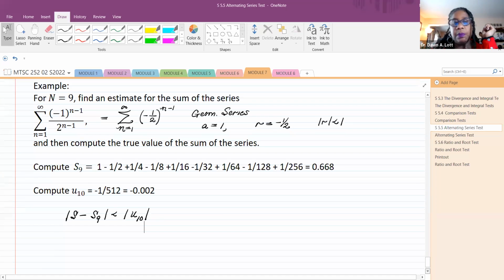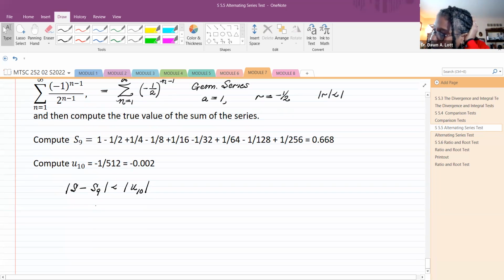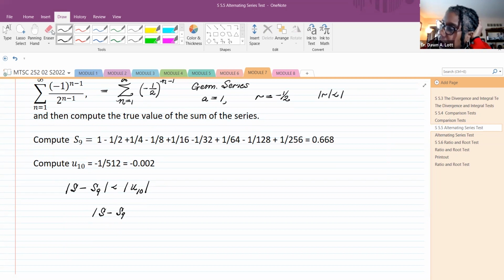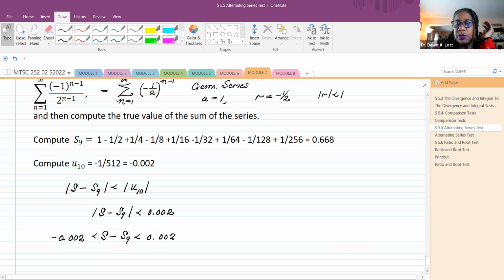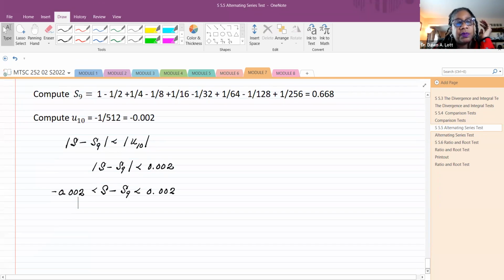So I get the absolute value of S minus S9 is less than 0.002, so S minus S9 is less than 0.002, but it has to be greater than negative 0.002. That's what I mean by the distance or absolute value.